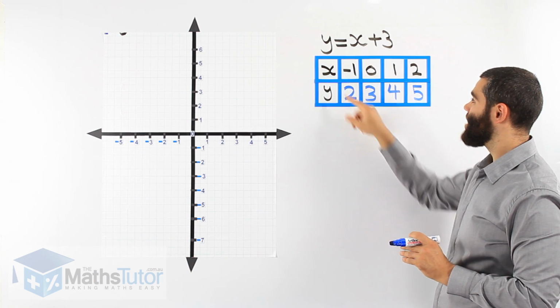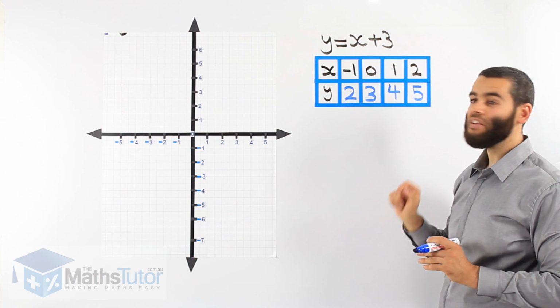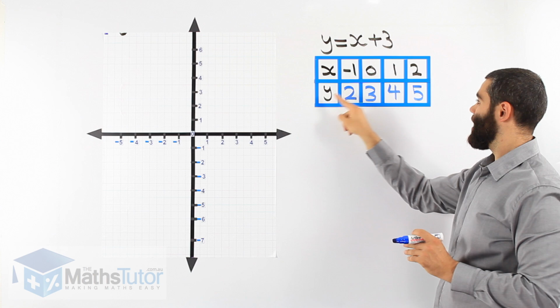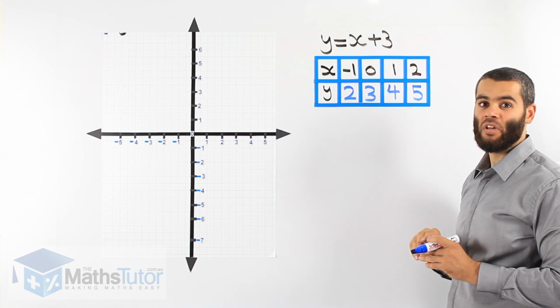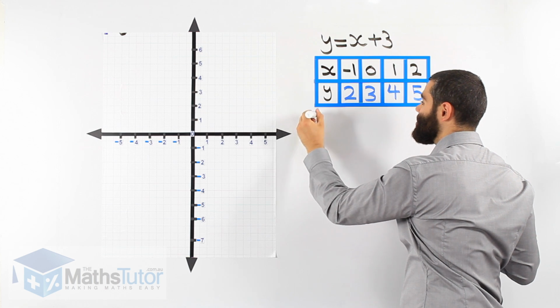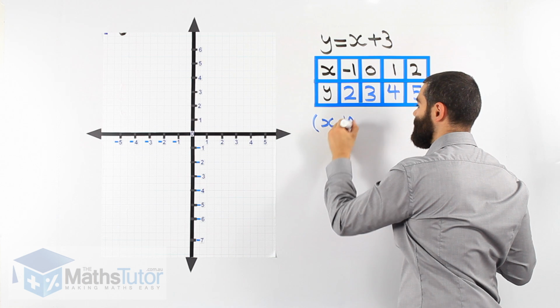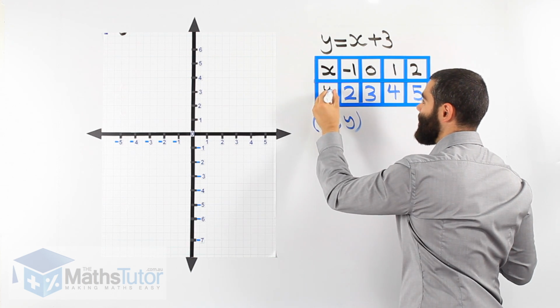The table of values has an x row and a y row, which means this is the x coordinate and this is the y coordinate. It really means that this and that are written like this when we use them in a graph. X then y.